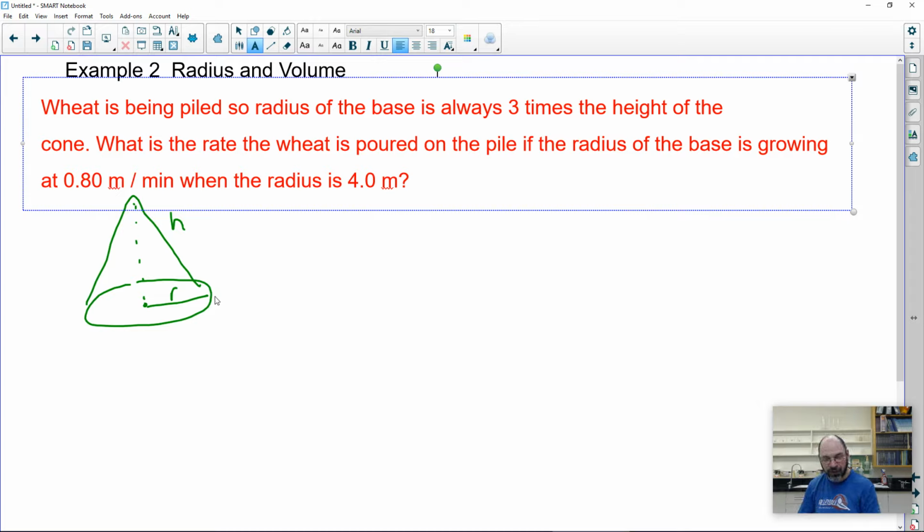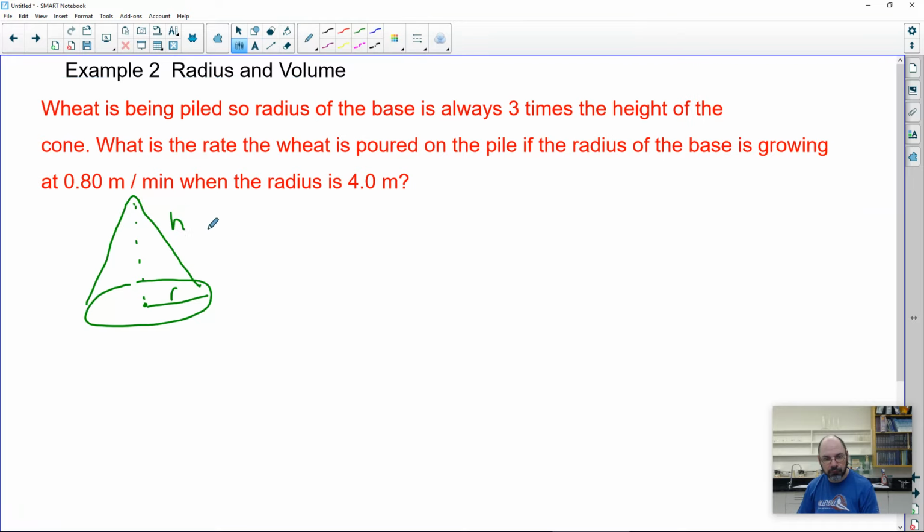So this would mean if this was 1, this would be 3. Okay, so that's basically what they're saying there. The height would be 1/3 of the radius if you're going to go that way, right?